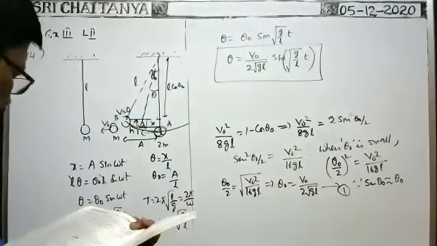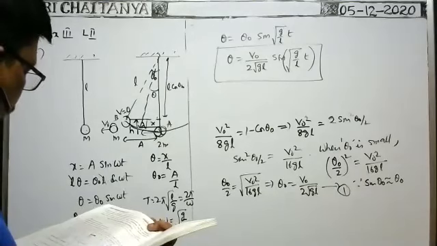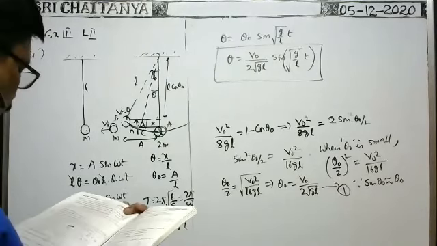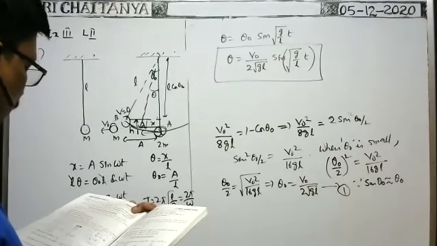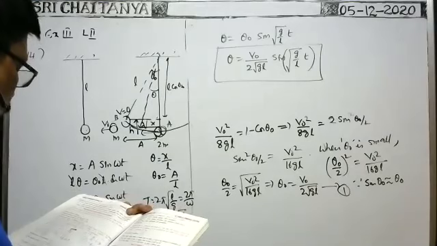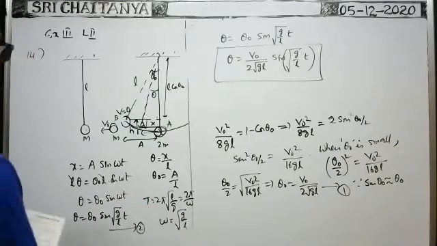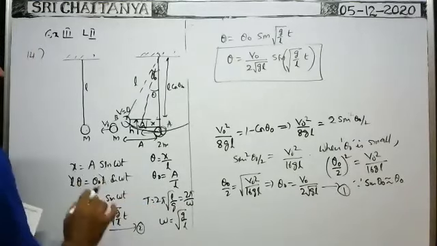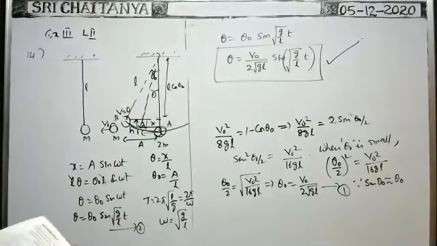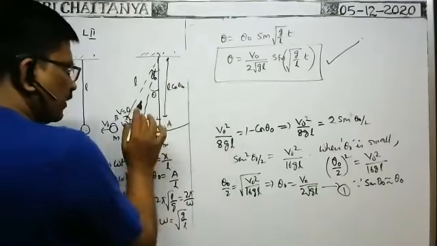Theta is equal to v naught by 2 root gL sin root g by L into t. The root is only for g by L, not for t. In the options, the root is given for t also, but that root is only for g by L, not for t. So this is the answer. It is the equation of motion of this body.